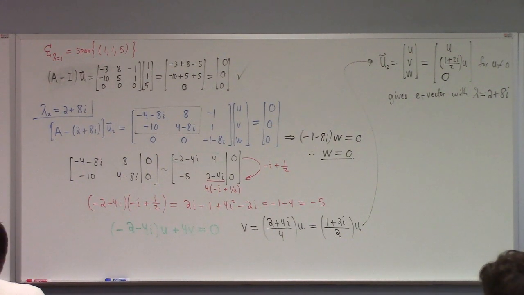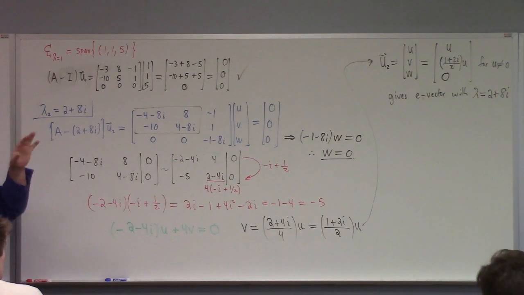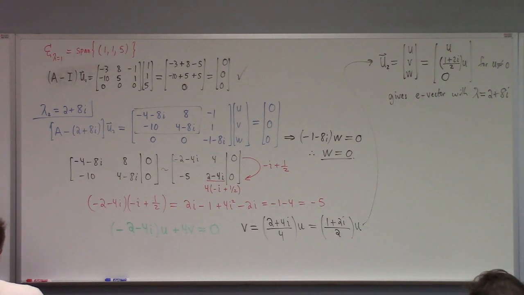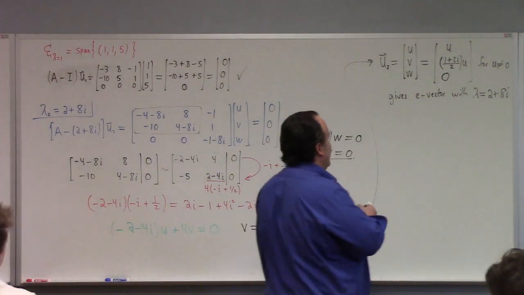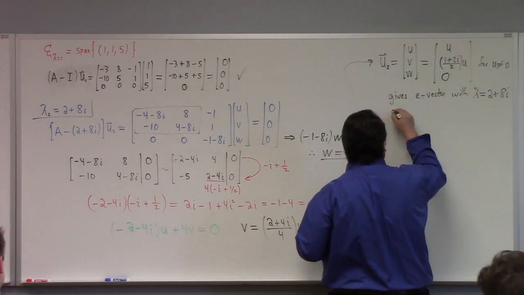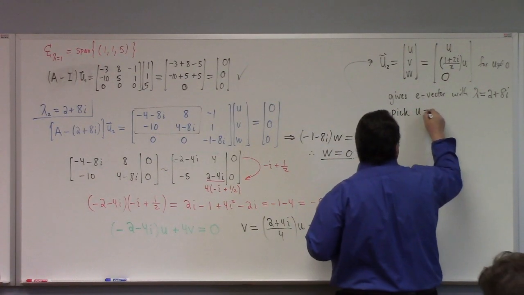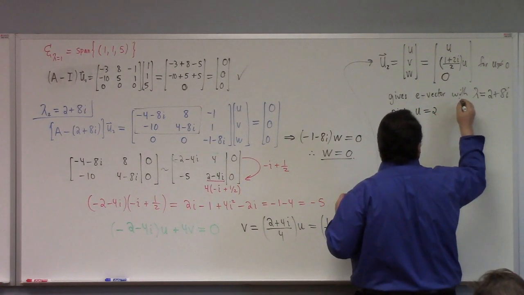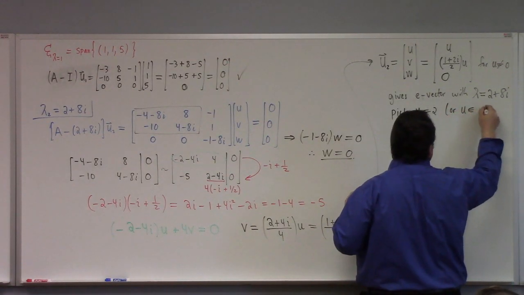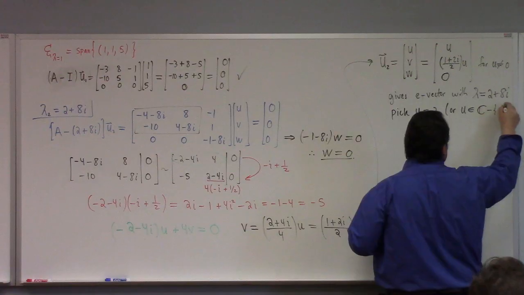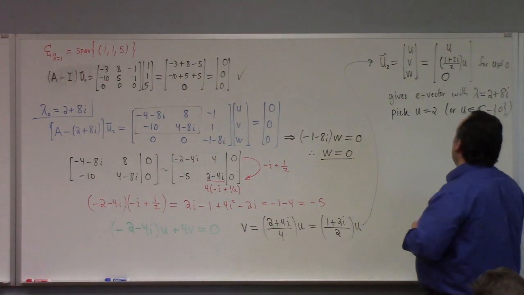Thank you for the assist. Now, u can't be 0. What could u be though? We could pick u equals 2, or u is any element of the complex numbers without 0.